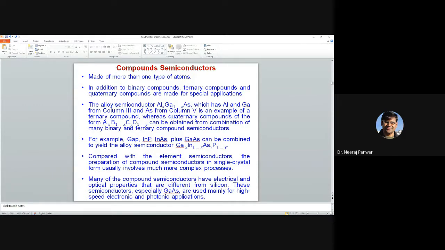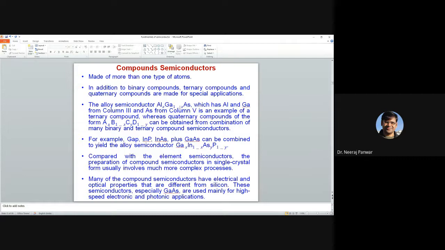So, for example, this semiconductor, aluminium x gallium 1 minus x arsenic. We have gallium arsenide semiconductor, but in which part of gallium is replaced by aluminium. Aluminium and gallium are in the group third. So this becomes a ternary semiconductor.